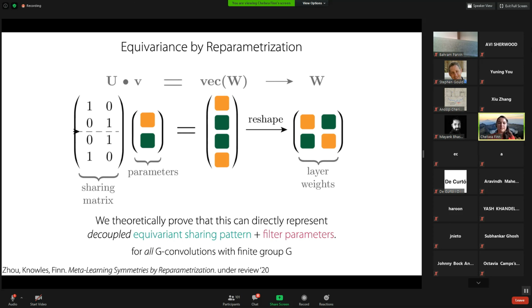Note here in this example, the sharing matrix is discrete, it's only zeros and ones, but you can also represent this with continuous values to represent other forms of equivariance.